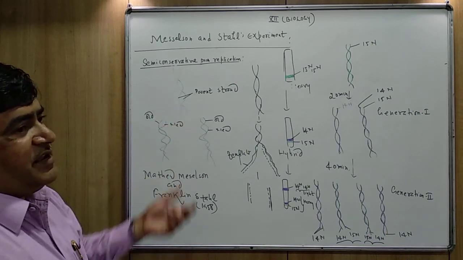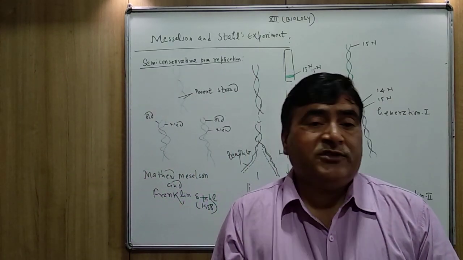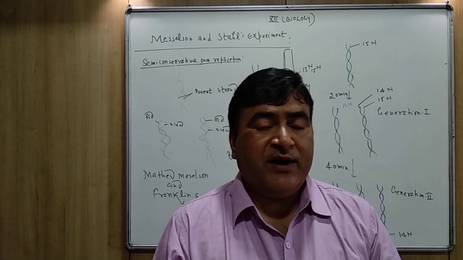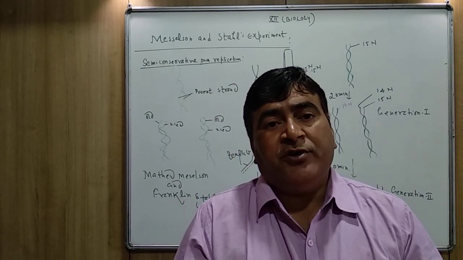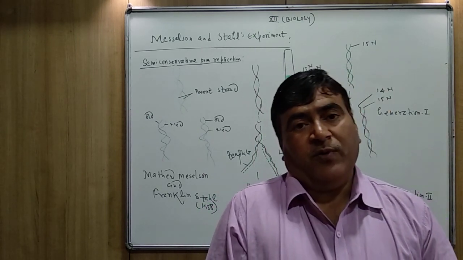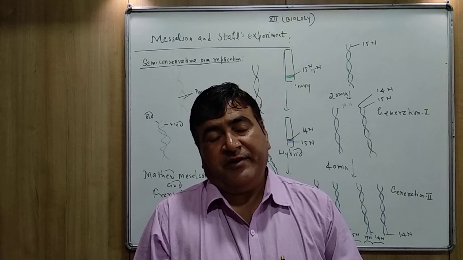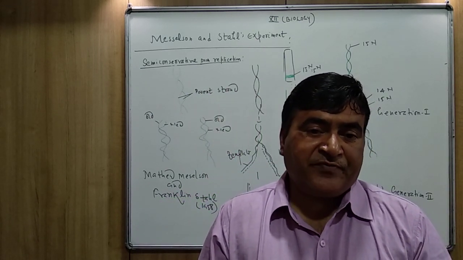And from one DNA molecule, when it undergoes the process of replication, one duplex DNA synthesizes into 2 DNA molecules, and in each DNA molecule, one strand is old while another one is newly synthesized.